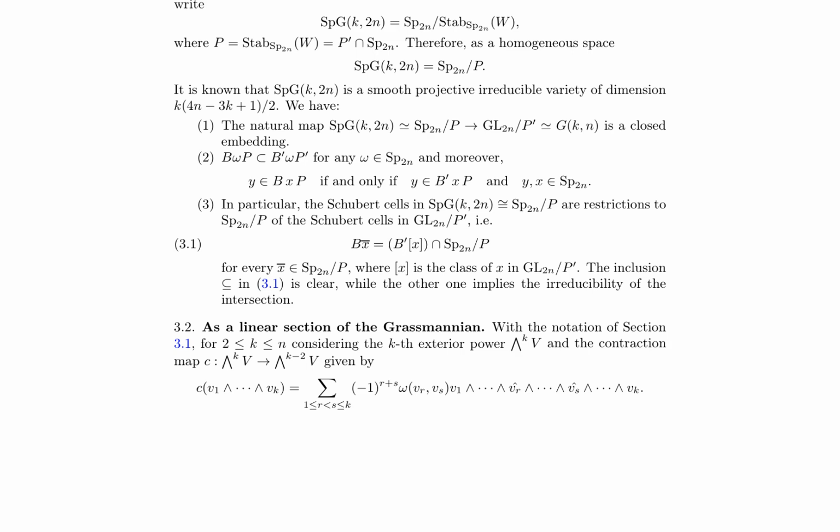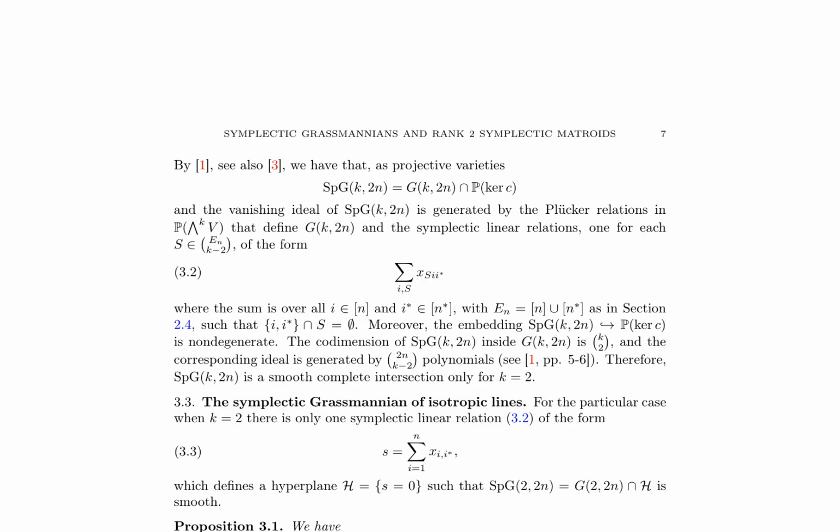The symplectic Grassmannian, denoted as SPG(k, 2n), is a complex geometric object that has garnered significant attention in recent years due to its intriguing properties and potential applications in various fields of mathematics and physics. This geometric object is defined as the intersection of two distinct spaces, the Grassmannian G(k, 2n) and the projective variety P, where the vanishing ideal is generated by Plücker relations and symplectic linear relations.